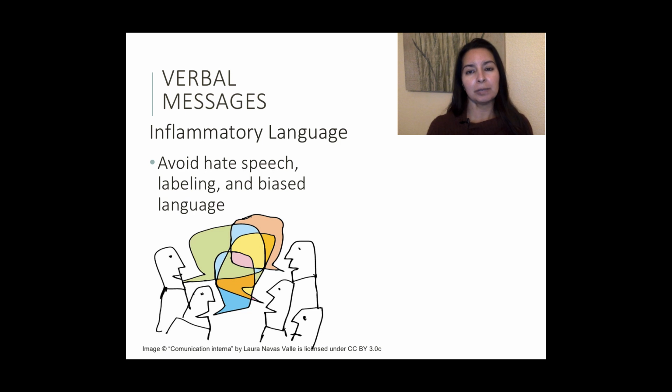Bias language is a bit subtler. For example, a recent study had us consider how we describe those individuals who engage in casual sex. The research found that when referring to a male, he was most often described as a player.